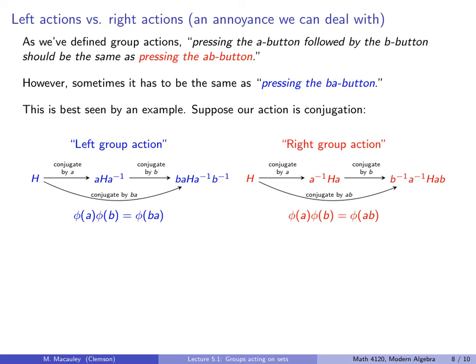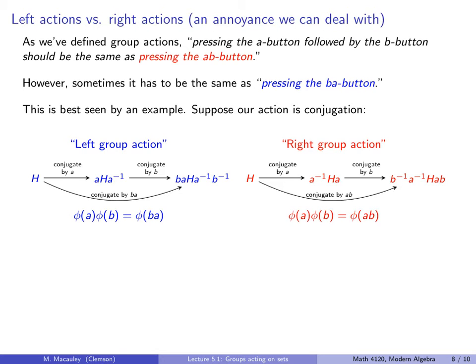In contrast, let's conjugate the other way. So we multiply on the right by the element A and on the left by its inverse. Now, if we conjugate by A and then conjugate by B, that is the same as conjugating by AB.